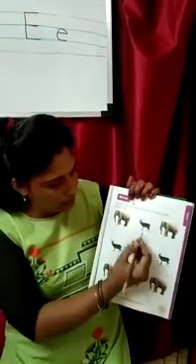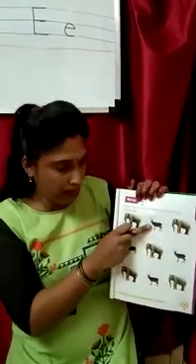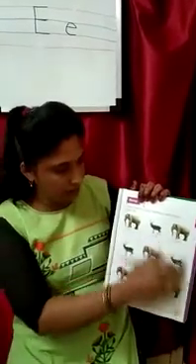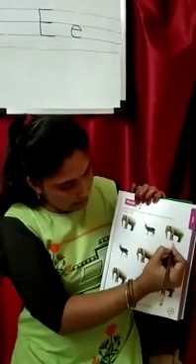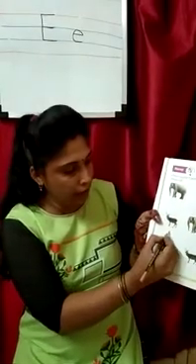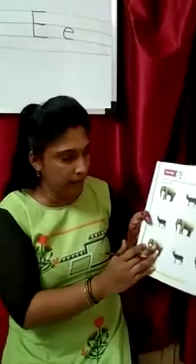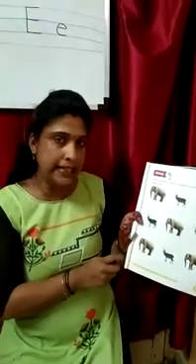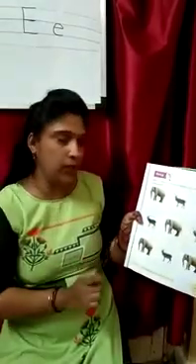So we write small e below elk. Okay kids? Capital E for elephant and small e for elk. You fill all the blank spaces, capital E and below it small e. Okay kids? This is your homework.